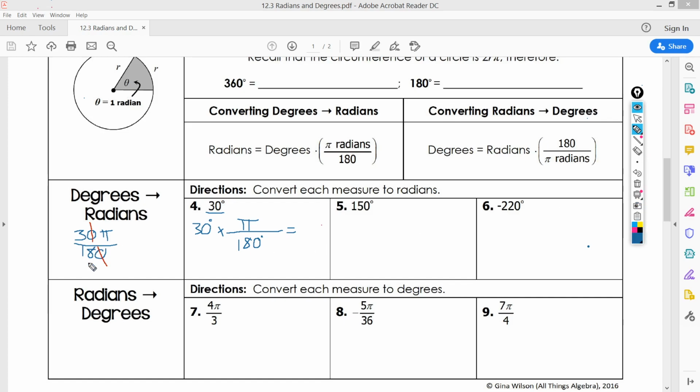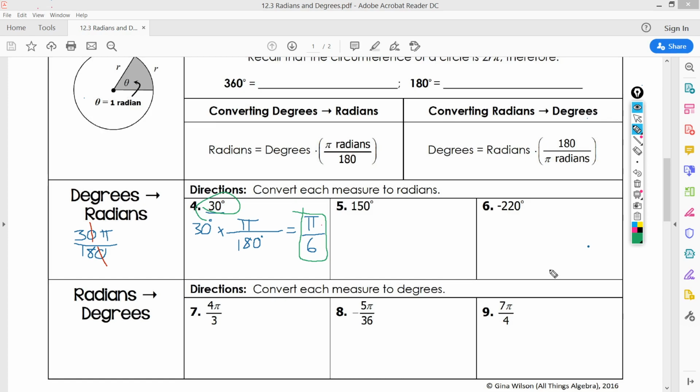Well, 3 over 18 reduces to 1 over 6. So this is now 1 pi over 6, and 1 times pi is pi, so it's just pi over 6. Okay, and this is our final answer. This is converted to radians. So that's all you have to do. You just take whatever starting number you have, multiply by pi over 180, reduce the fraction, and you're done.